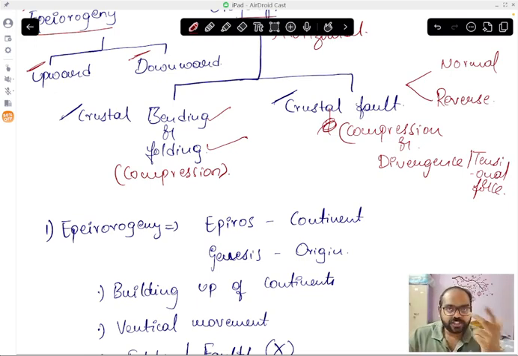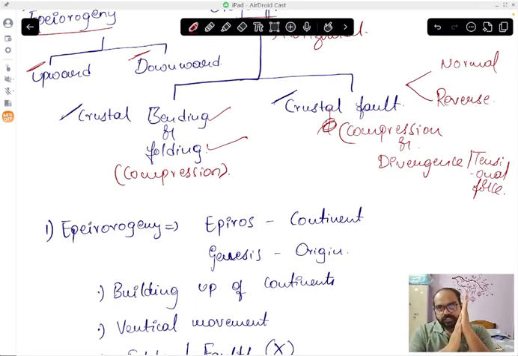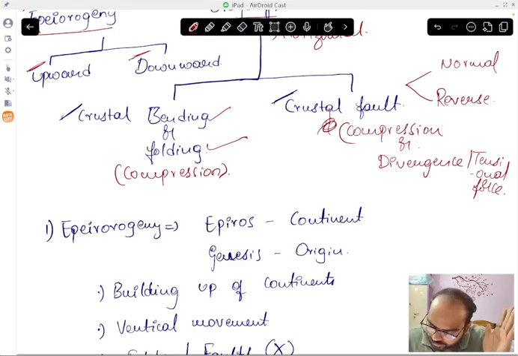The basic difference between normal fault and reverse fault is that the block subsides down. If the block subsides down along the plane, acting towards gravity, we can say it is a normal fault. The block is moving down along the gravity, so it is a normal fault.